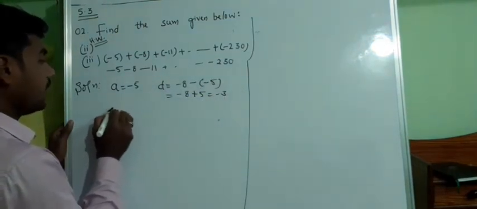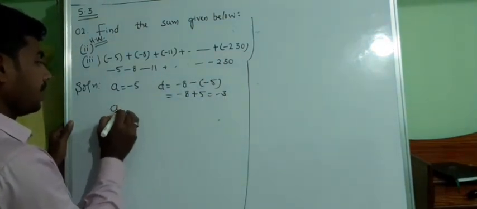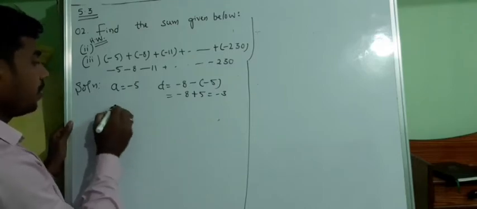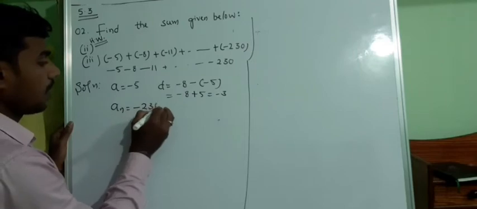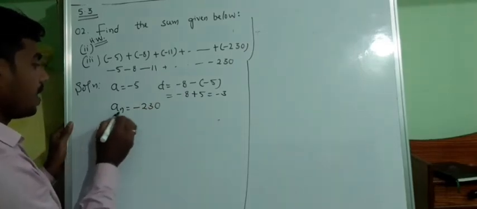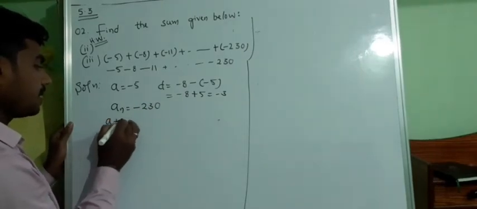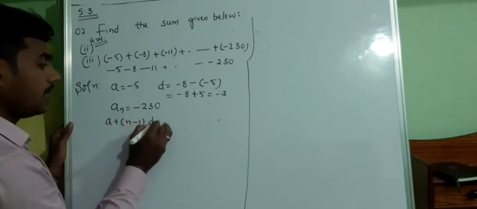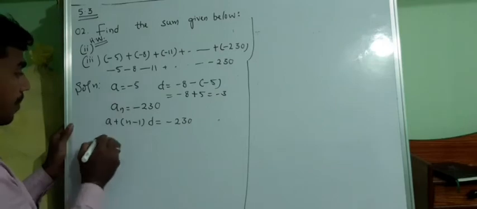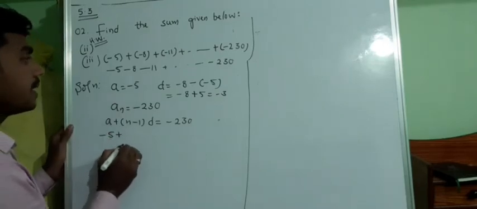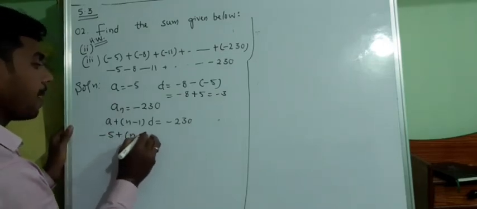Now we need to calculate n. We know an, an is equal to minus 230. So what is an here? a plus (n minus 1) into d is equal to minus 230. Here what is a? Minus 5, plus n, which I need to calculate, minus 1.